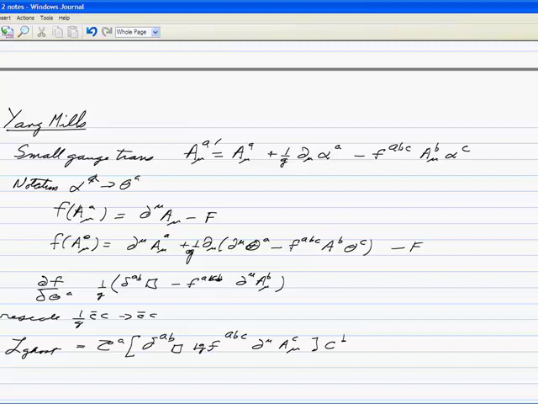Actually, I'm sorry. I missed my 1 over G's. The 1 over G just sits in front of that first term. The second term doesn't have that. So I can compensate by putting a G there.